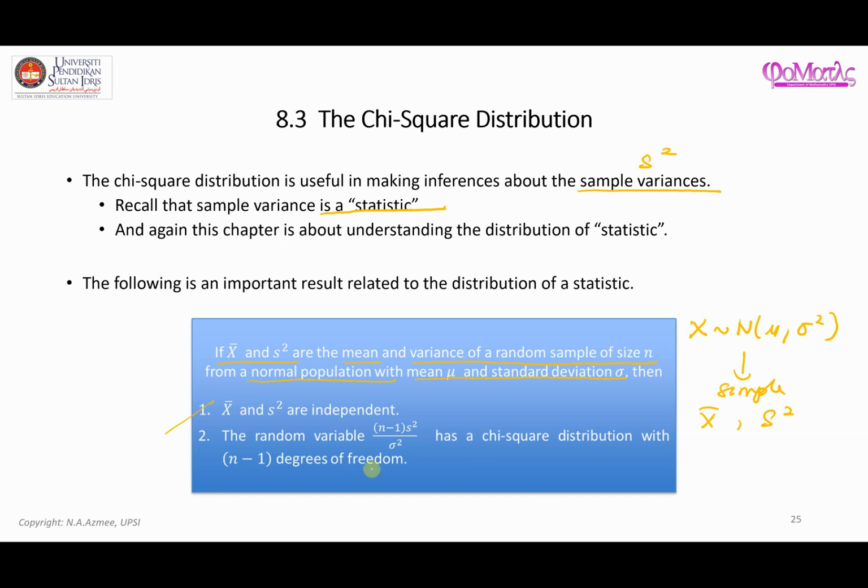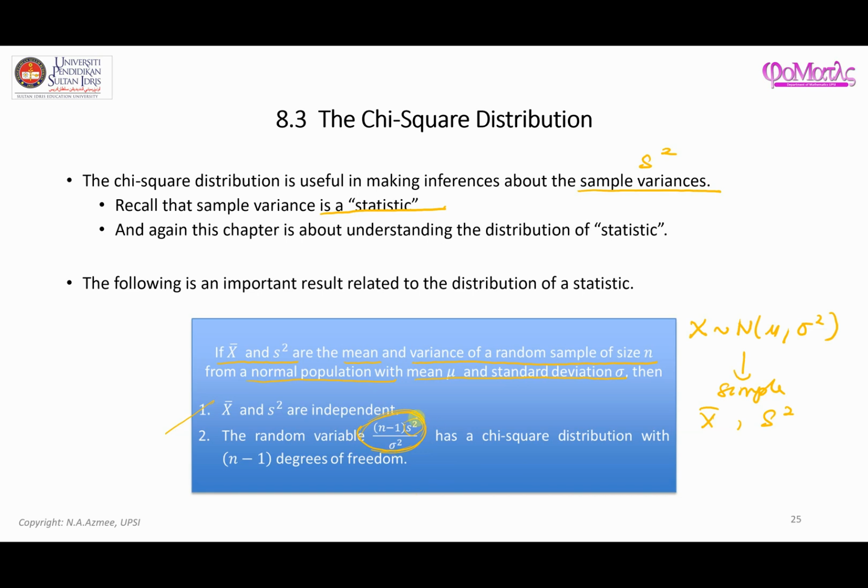And then if you consider this random variable, why is it a random variable? Because it has s squared in it. S squared is a statistic, it is also a random variable, so the result here is going to be another random variable, another statistic. Therefore, this whole thing here, you can call it y if you think that it makes things simplified for you.